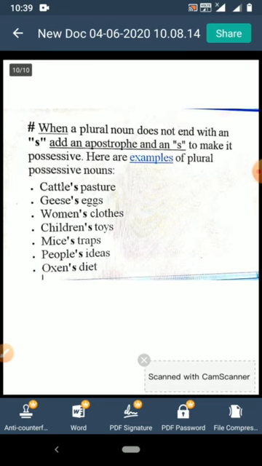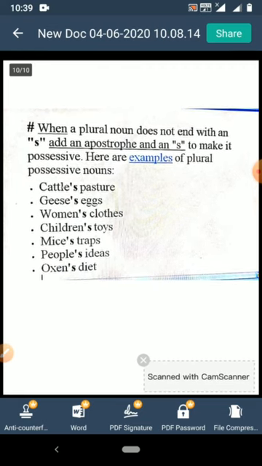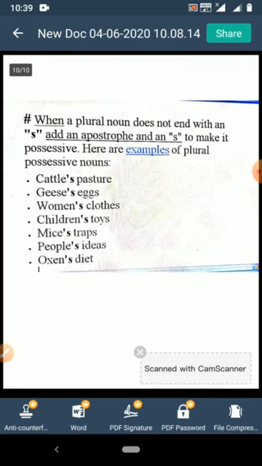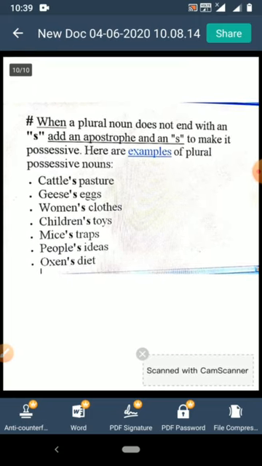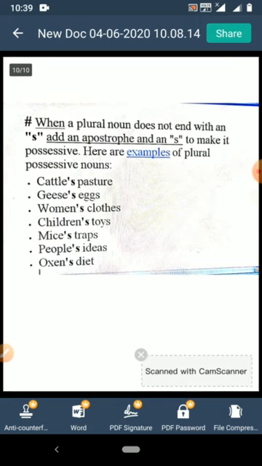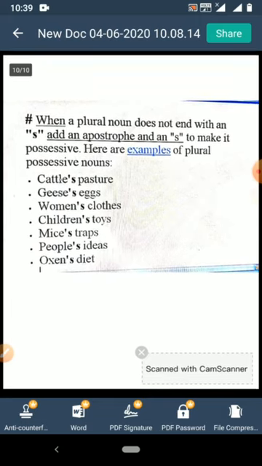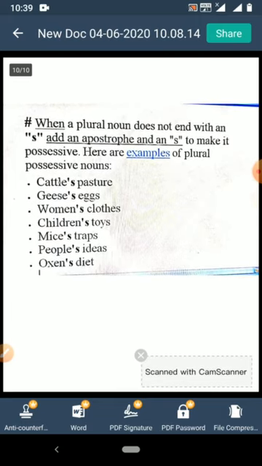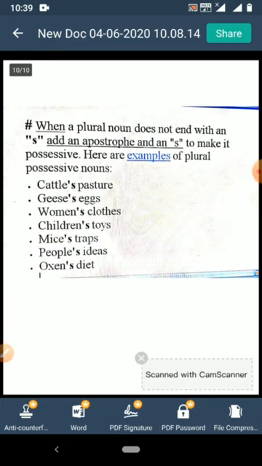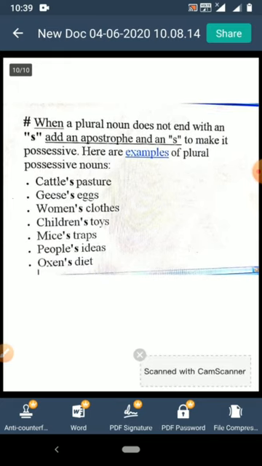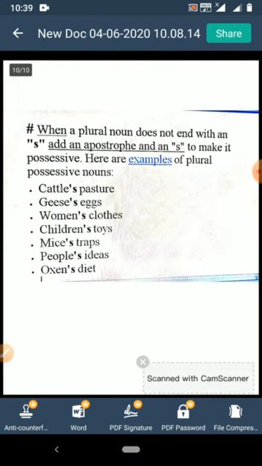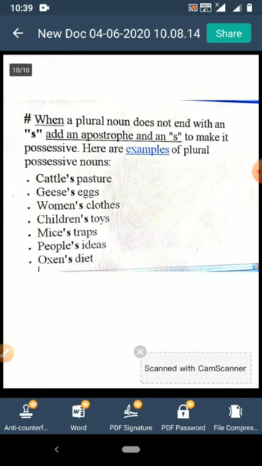The word mice also does not have S at its end, so you put an apostrophe followed by an S. People's idea. The word people is plural, but it does not have S at its end, so you put an apostrophe followed by S. Oxen's diet. The word oxen is plural, but if you want to tell about an oxen's diet, you have to put an apostrophe followed by an S.